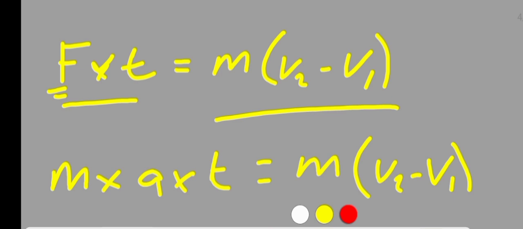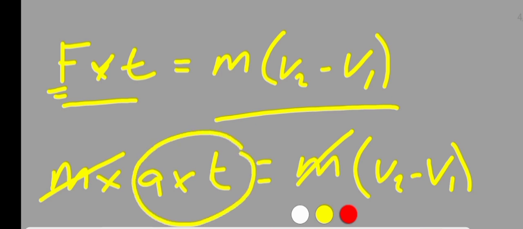Here, this mass and this mass cancel. What do we remain with? We remain with acceleration times time, and on the other side, the change in velocity.